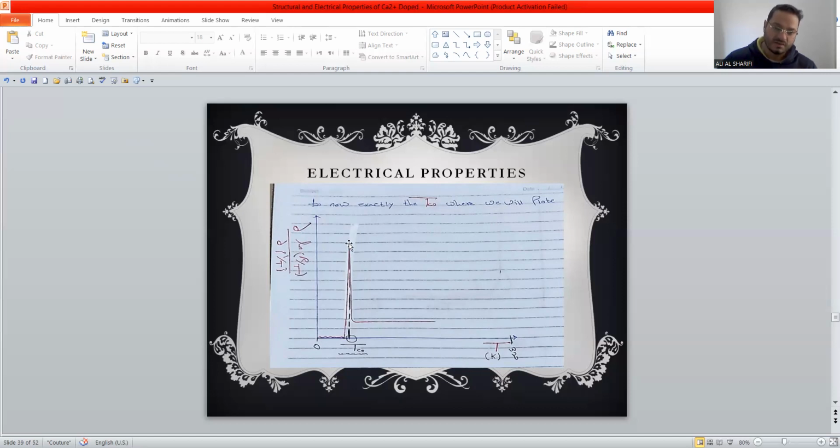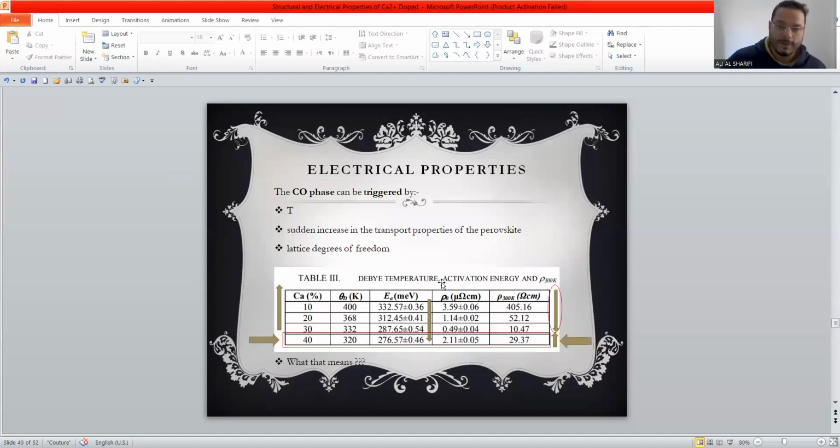We can plot a line from the top point to the x-axis. Specifically, this is the charge ordering temperature at this concentration of doping element.